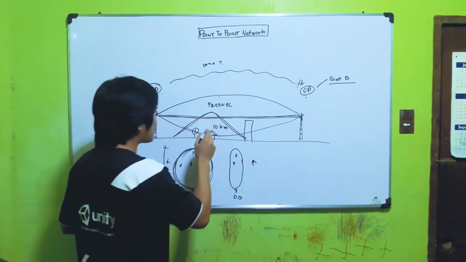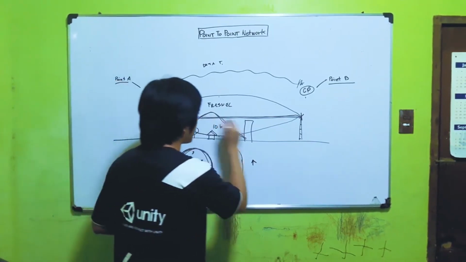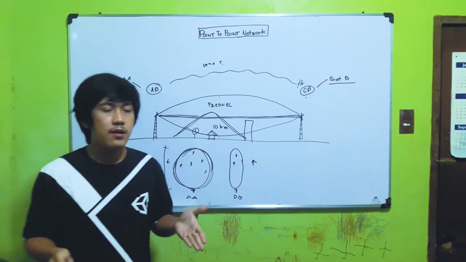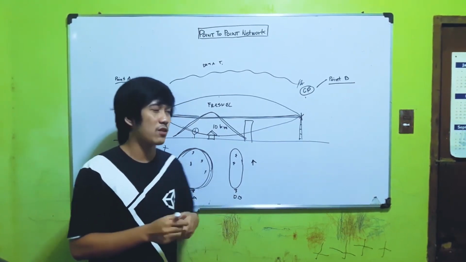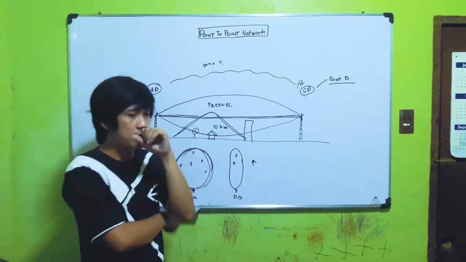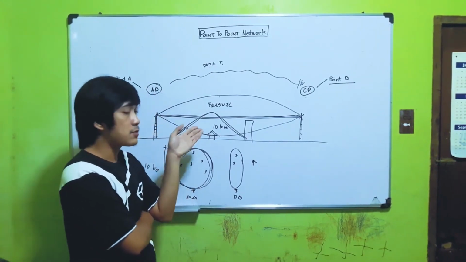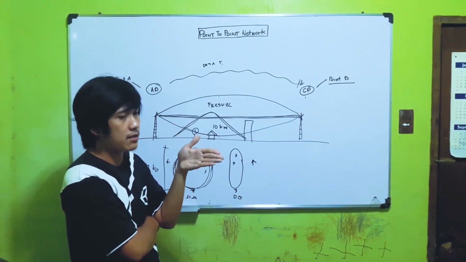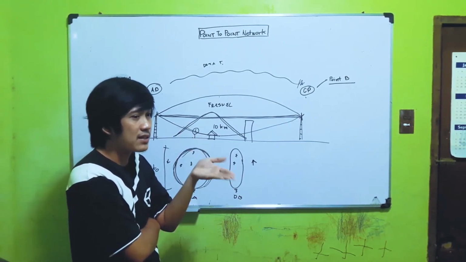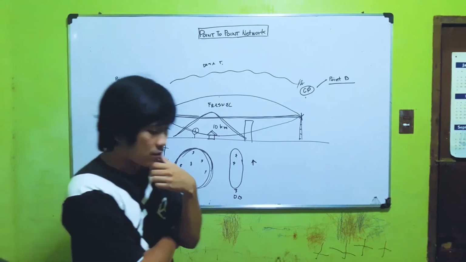But sometimes, if a mountain or a building is surpassing the line of sight, it can even cut or kill the connection. There will be no signal. But sometimes, if the obstacle is just small, it's okay. It can still transmit a signal, but with a significant decrease in signal.